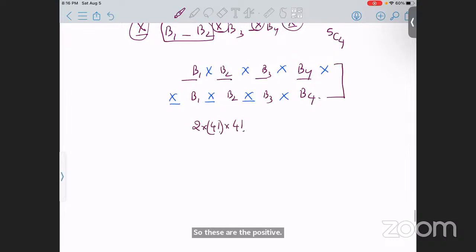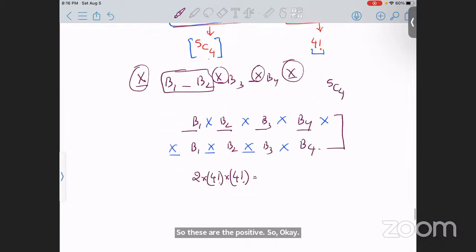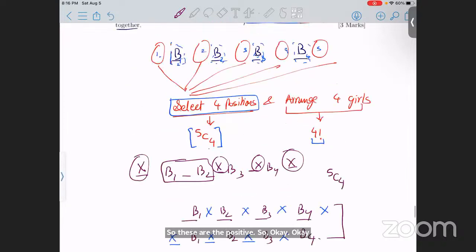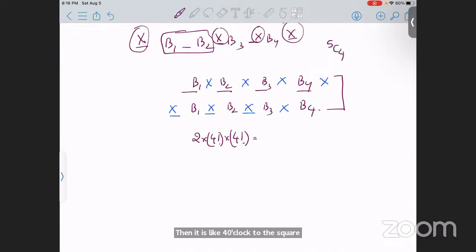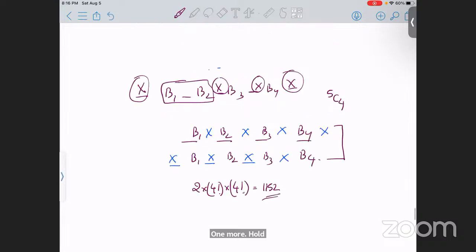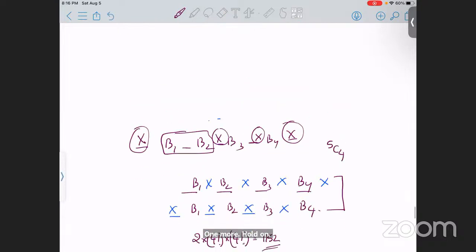Yes, sir. Sorry for this, I didn't read the question well. Then it is 4 factorial square. Clear?